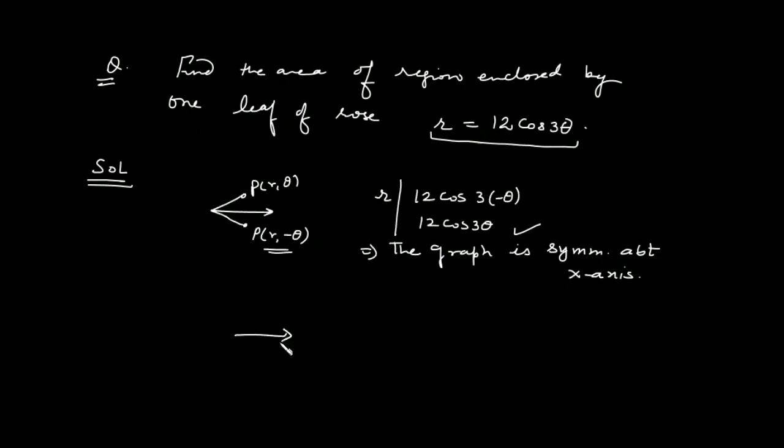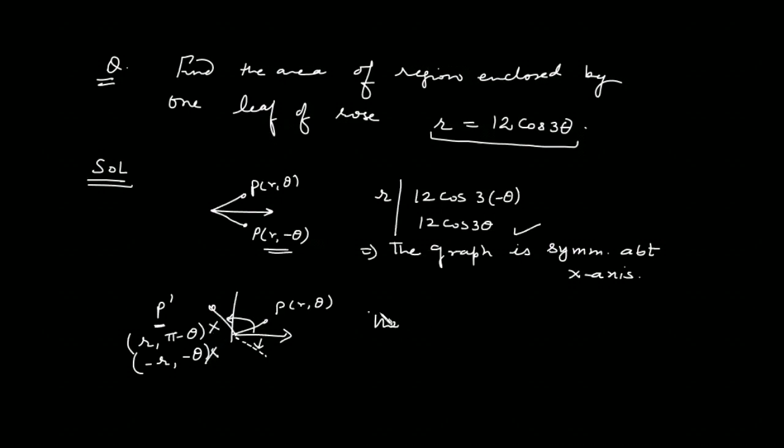Now you need to check whether it is symmetrical about the y-axis or not. For this, if any point P satisfies the graph, we have to show whether P dash satisfies the graph or not. What are the coordinates of P dash? It is (r, pi minus theta) or (minus r, minus theta). This is not satisfied, and this is also not satisfied.